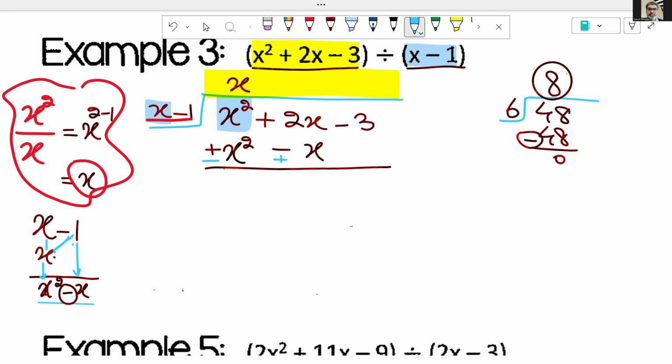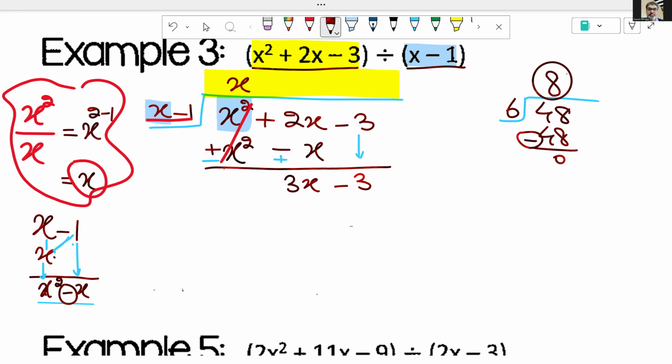Right? x squared minus x squared, that will be a 0, so we can forget about that. That's gone. Here, 2x plus x. I'm no more considering this minus now because I have changed the sign already. So 2x plus x, what will that give me? 3x. And then I will bring this expression down and that will become minus 3.